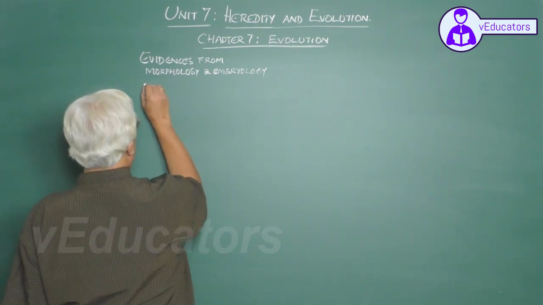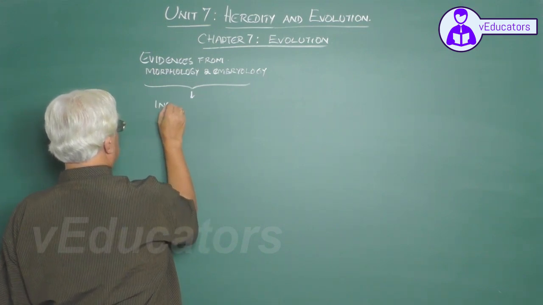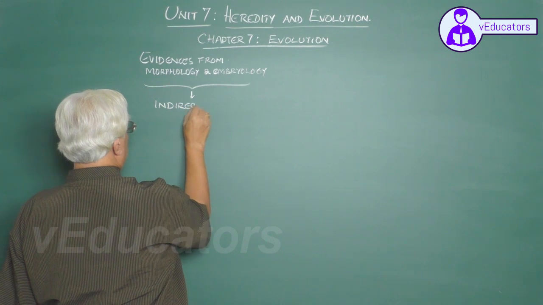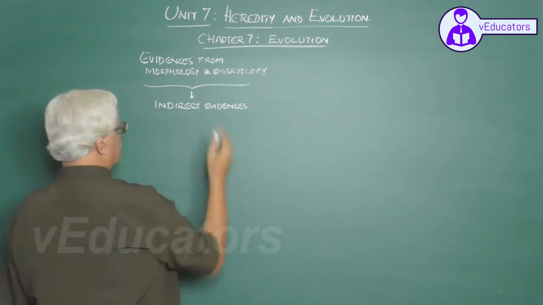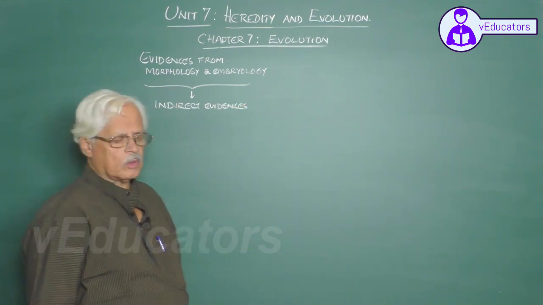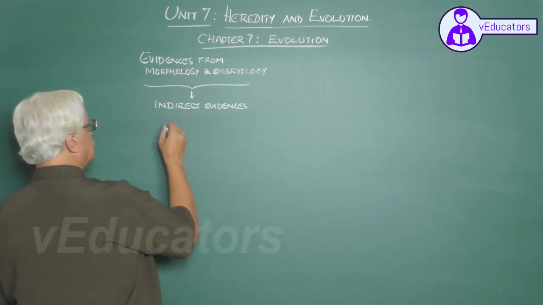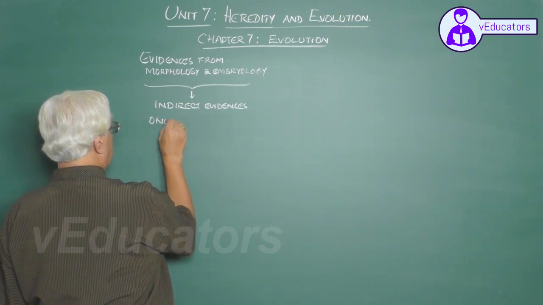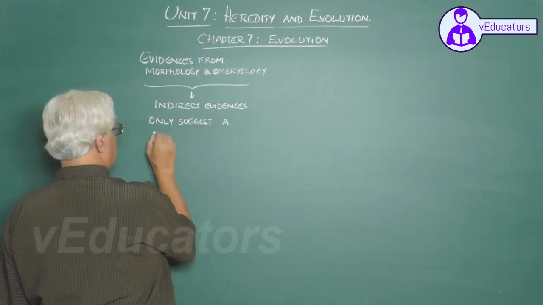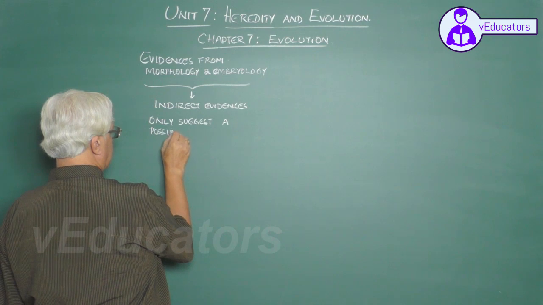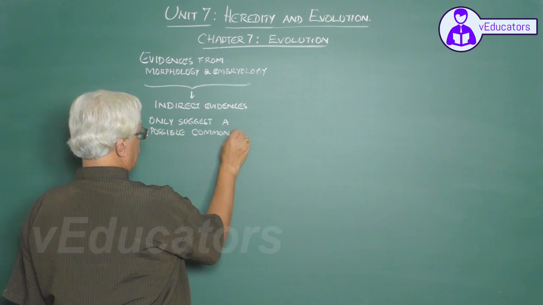But all these evidences can be described as indirect evidences. Indirect evidences, because all these evidences only suggest a possible common ancestry.